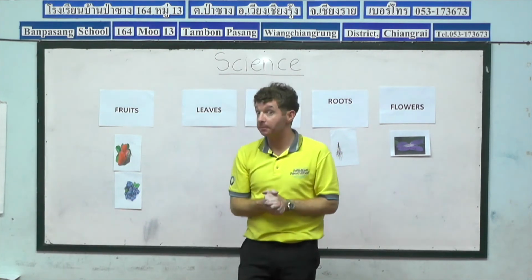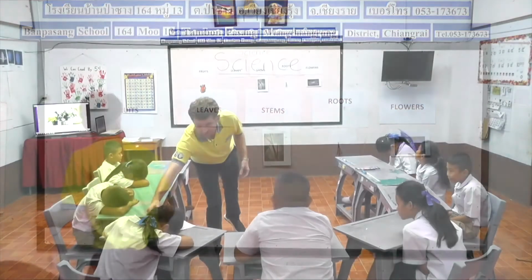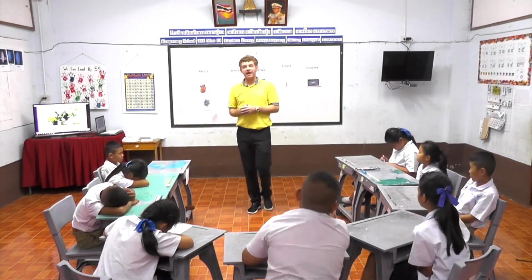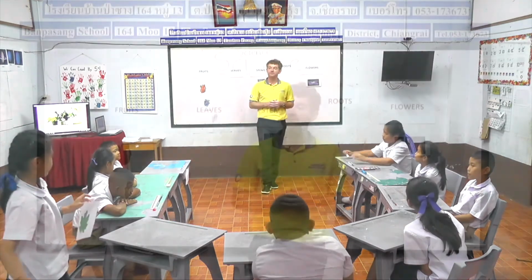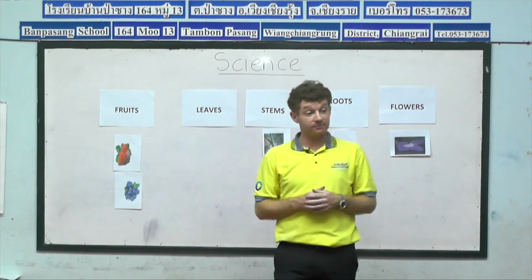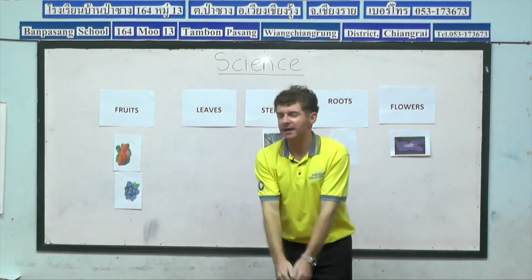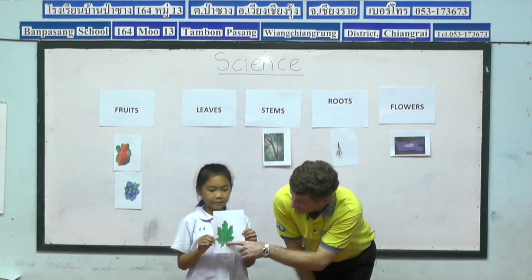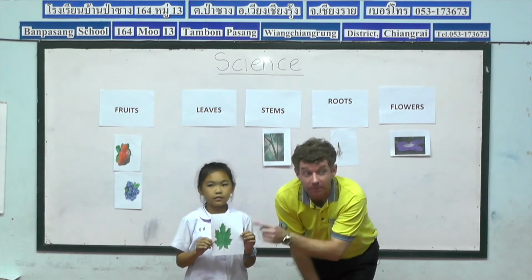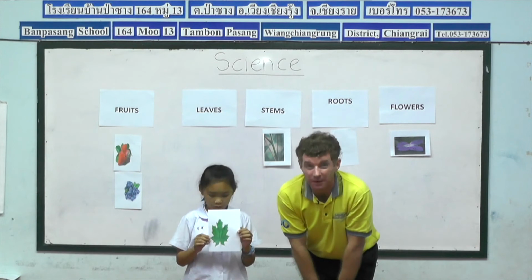Okay, we've still got some pictures left, guys, so let's see. Now it's Nadia's turn. Nadia, can you bring your flash picture forward, please? And show your friends. And let's see if we can guess what part of the plant is this? Leaves. Yes, you can see this is one of the most common parts of the plant. Every plant has them.